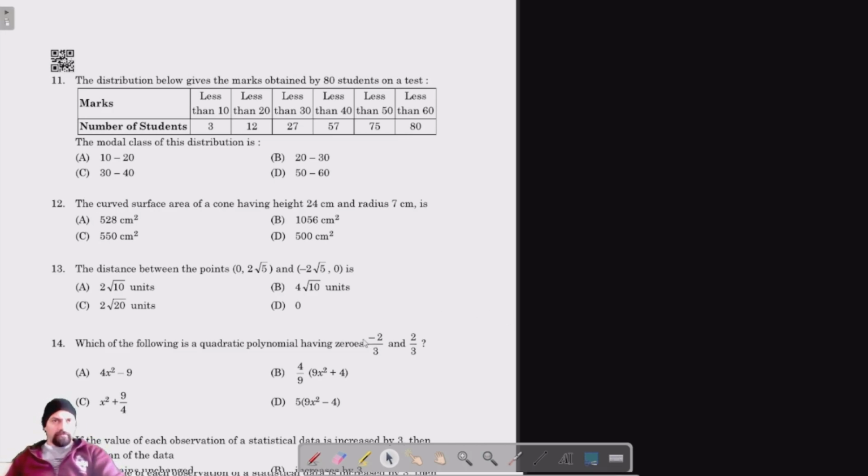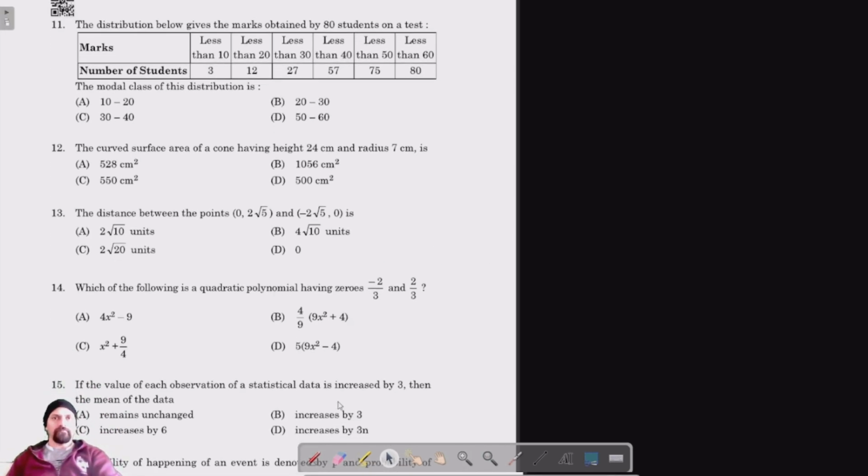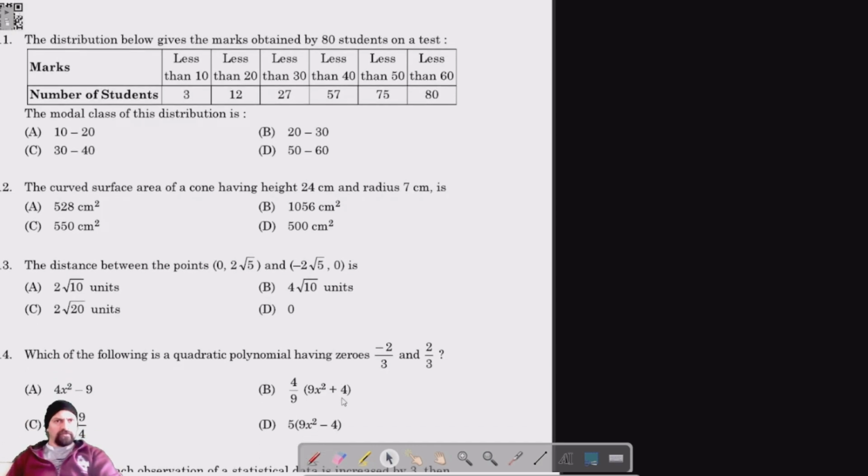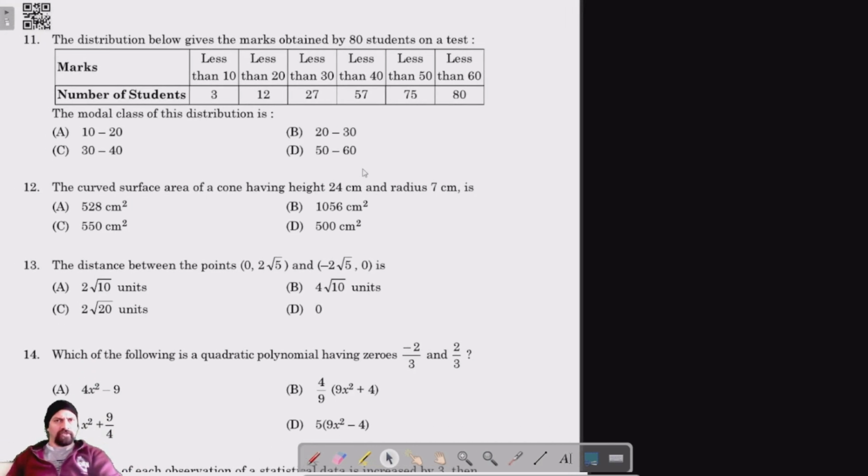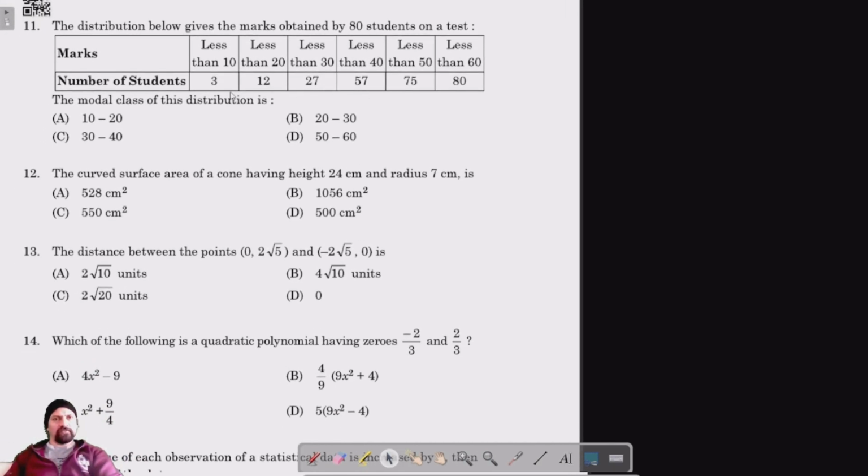Okay, so for question number 11, we are given the distribution below, which gives the marks of 80 students in a test. This is a less than graph, and we have to find the modal class of the distribution, and the modal class is the one with the highest frequency. So let's get this converted into class intervals.